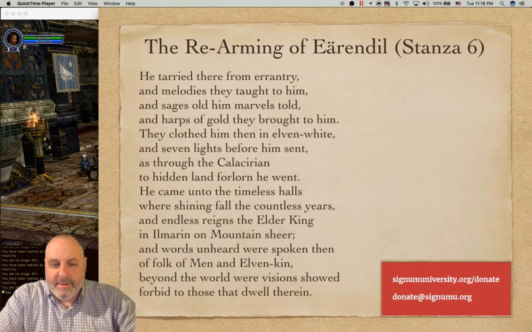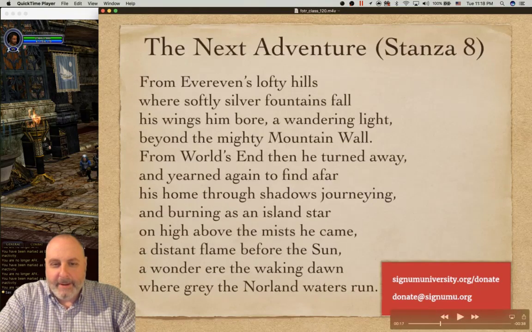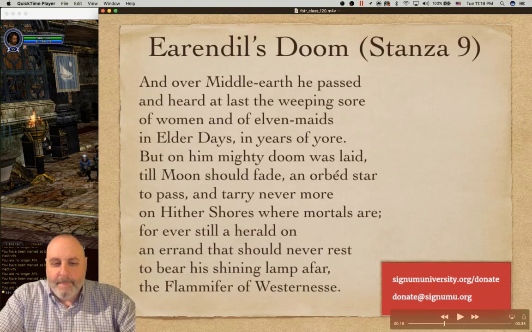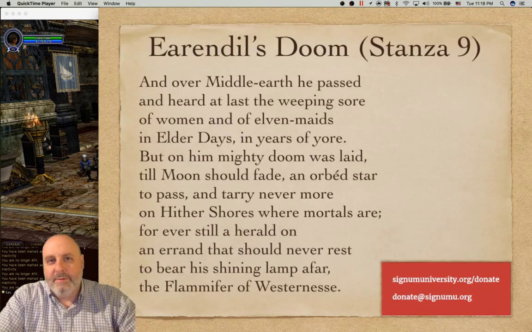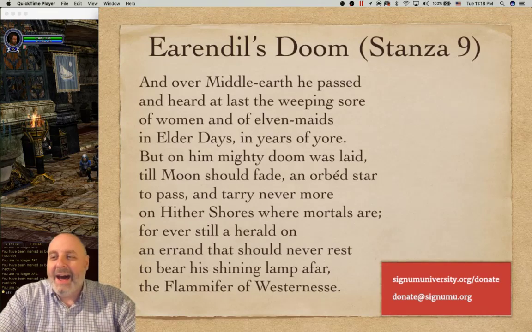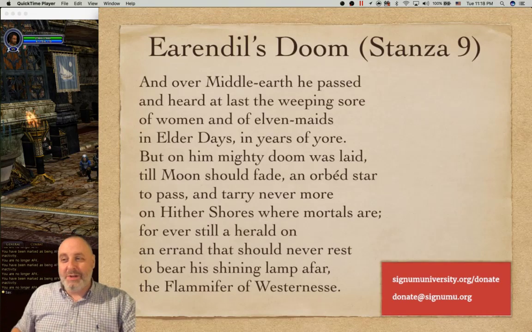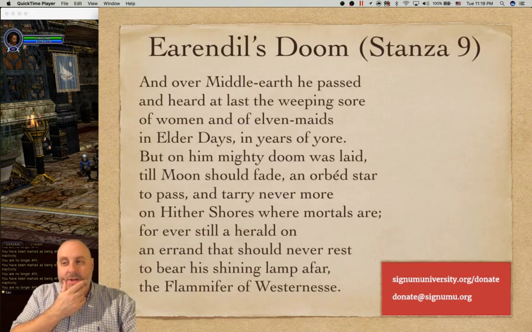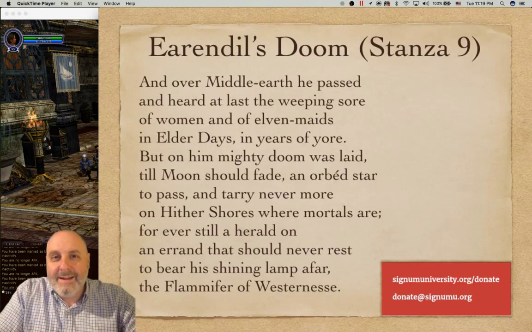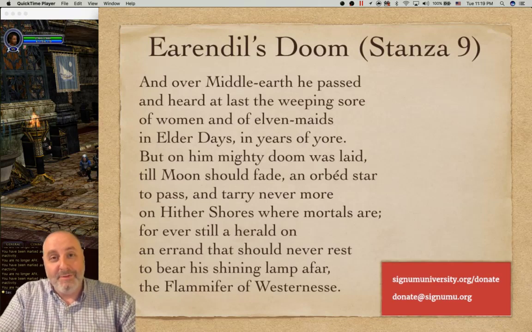Sorry, just wanted to go back to that stanza for a second. To bear his shining lamp afar. Why? Earendil. Interesting that you should mention. Rescuing maidens, right? Let me go back to the question I was asking before.